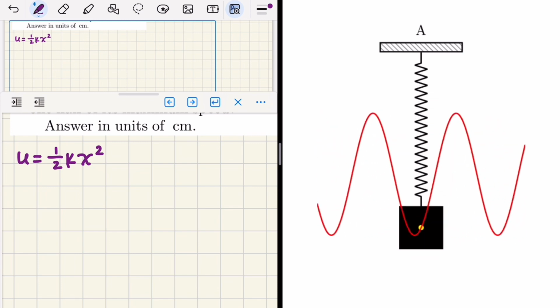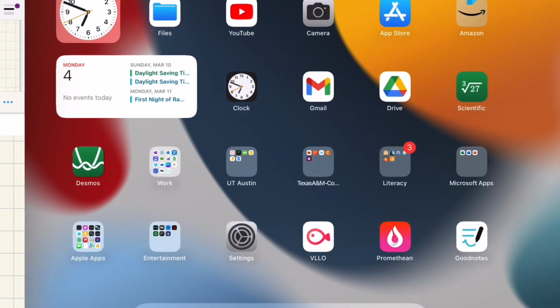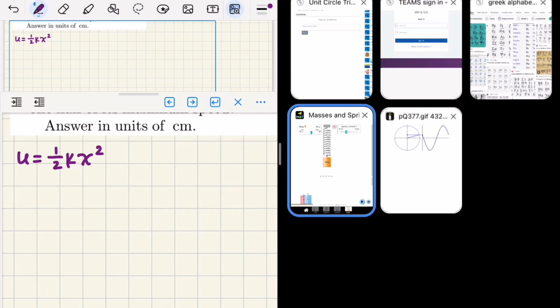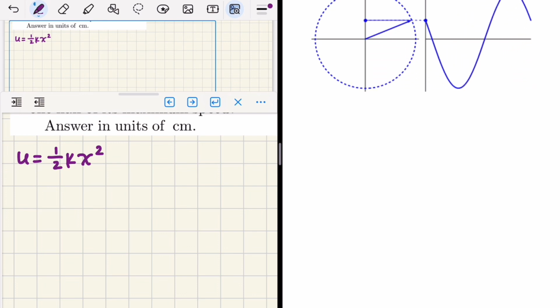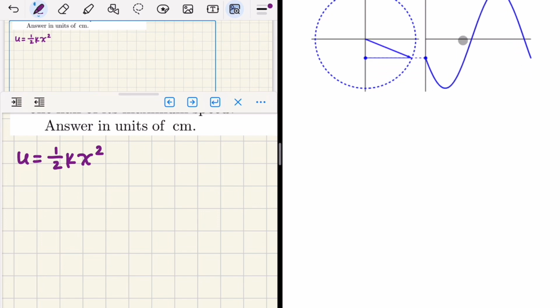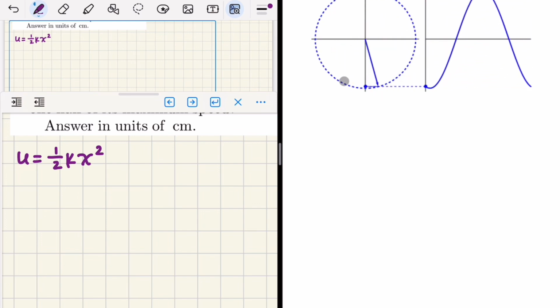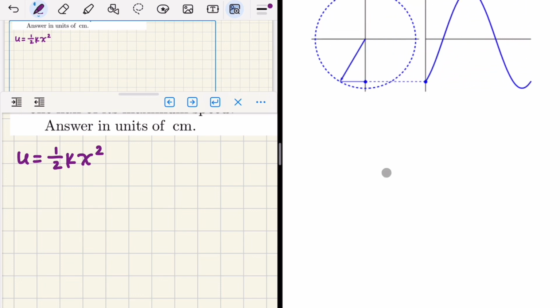And the way I want to model this one is with something we have learned in the past, circular motion. As you can see, we have the wave over here, and let's say we wanted to find out how fast this was moving.